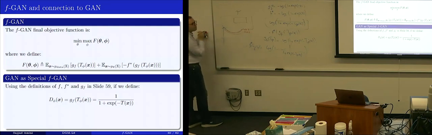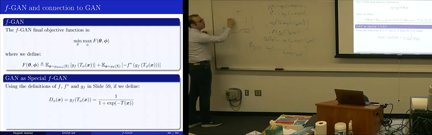But based on the size of the family you consider, the maximum discrepancy between the two functions is limited. If you consider a more complex family, this discrepancy will be reduced.